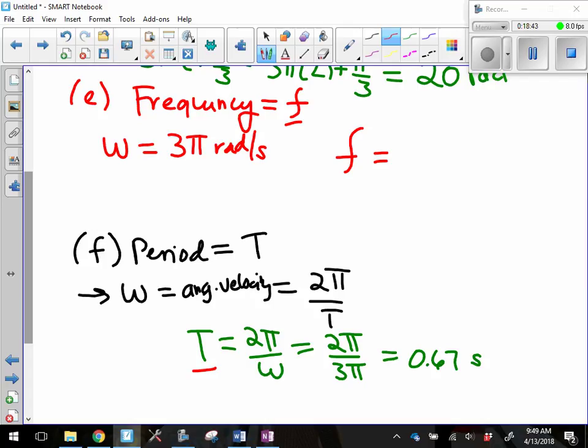If period is the amount of time it takes to do one cycle, and frequency is the number of cycles in one time, they have this inverse relationship. So that tells me that f is going to be 3 pi over 2 pi, or what?